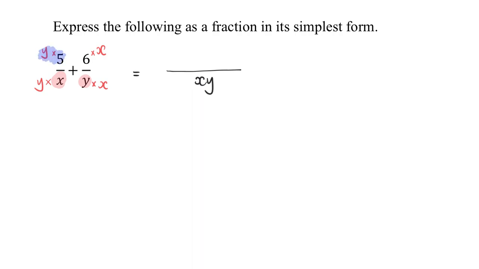Then I will have my 5y, and not forgetting the plus, my 6 times x will be 6x. And since there is no more common factor in the numerator, this will be the final answer for this part of this question. Let's move on to the next part of the question.